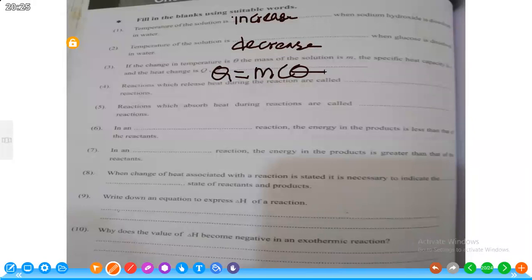Reactions which release heat during the reaction are called exothermic. The reactions which absorb heat during the reaction are called endothermic.